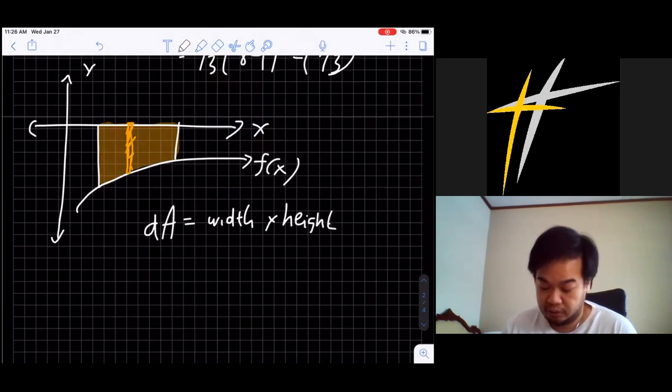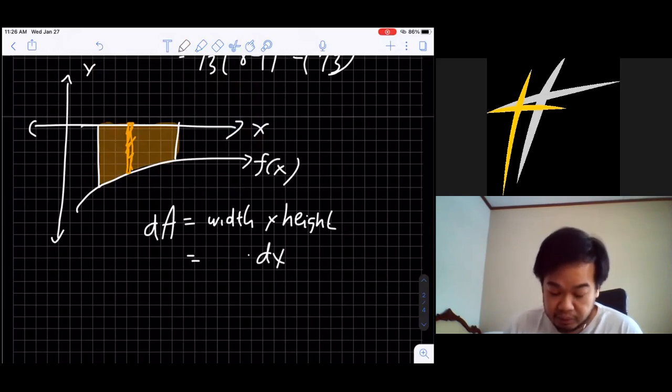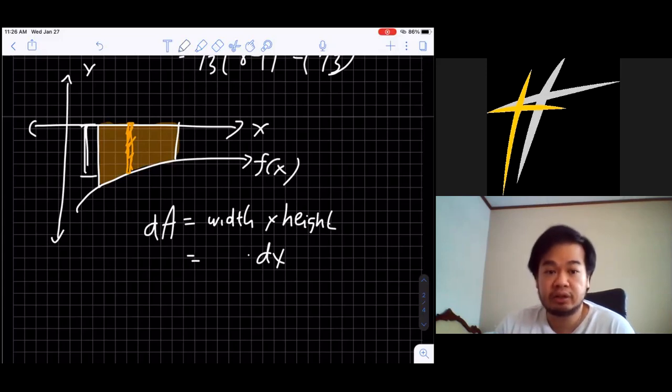We know the width is dx. And how about the height? The height is the distance from here to here. Remember, when we are talking about the height, it's one dimensional. It's a scalar, not a vector. It's always positive.